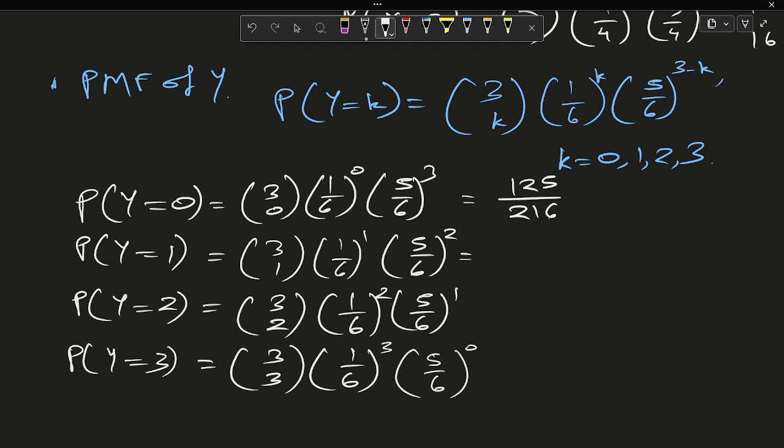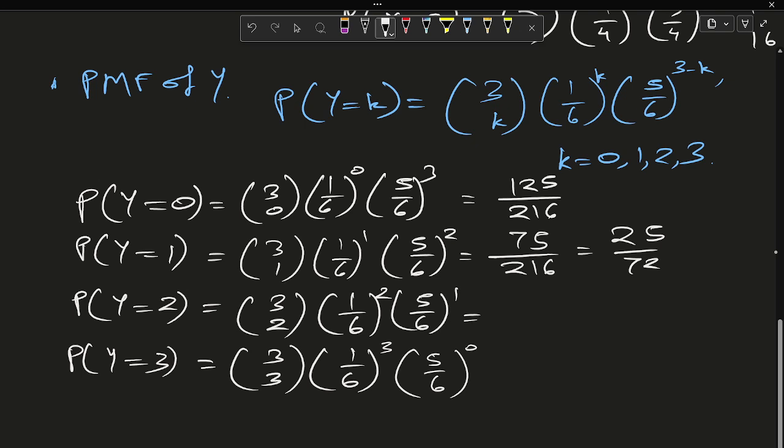So after that, the numerator will be my 3, and we can get 25 from here. So we will have 75 by 216. So that is divisible by 3, and so we can cancel out the numerator and denominator by 3. So we will get 25 by 72.